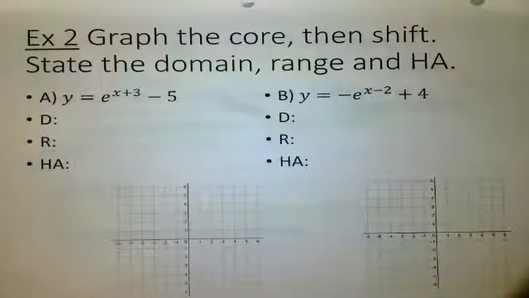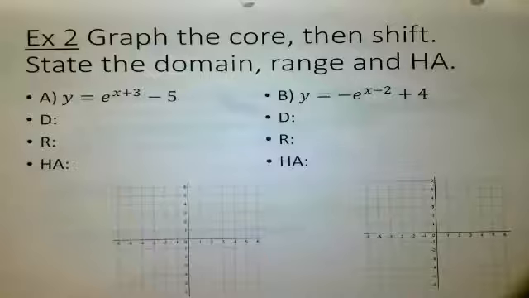Which E did you use? The yellow one? Okay. And viewing window. Oh, see, it should be from -10 to 10.